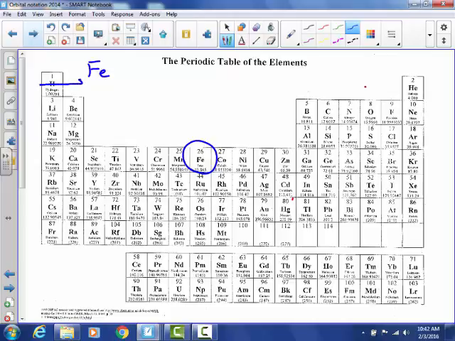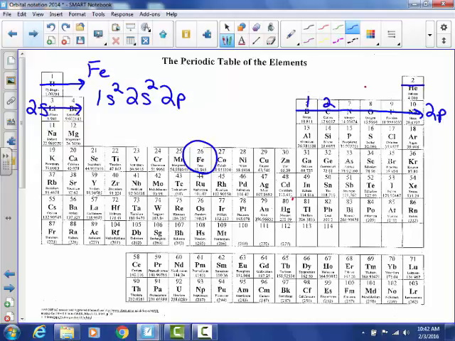Remember, we always have to start here, so I have 1s2, and that took care of helium as well. Then I go here, that's 2s, so 2s2, then I go across here, and that's 2p, so I'm going to do all 6 of them because 1, 2, 3, 4, 5, 6. And we went through all of them, so 2p6.